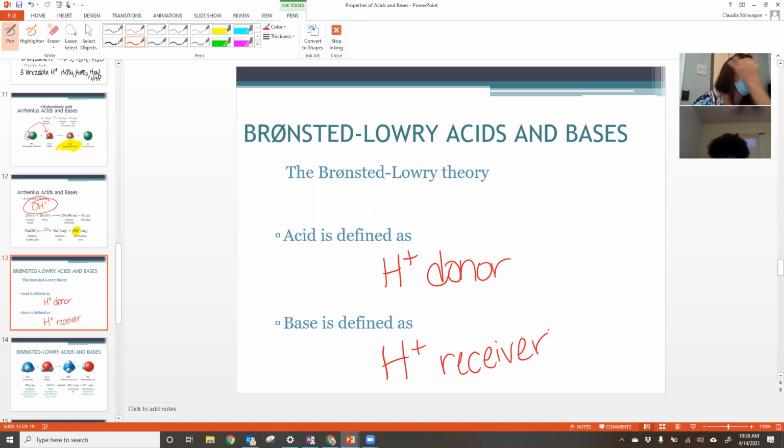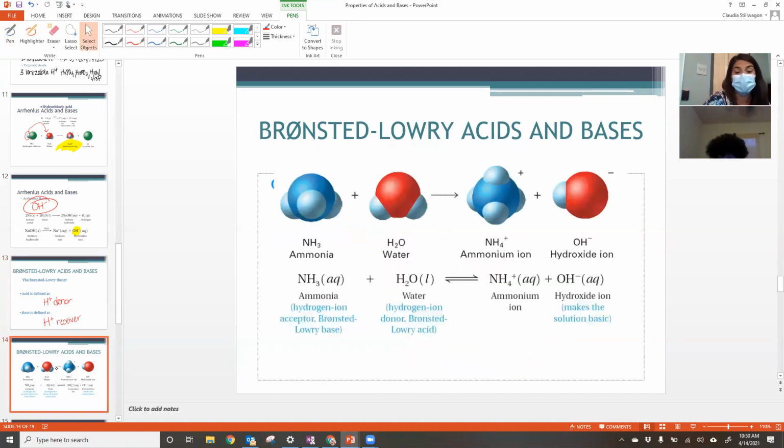That's the other key part of this theory, is that the acid donates a hydrogen and the base receives it. So they kind of go together in a pair. Looking at this picture here, we have NH3 and we have H2O. When we look at these, it can be hard to decide what's our acid and what's our base.